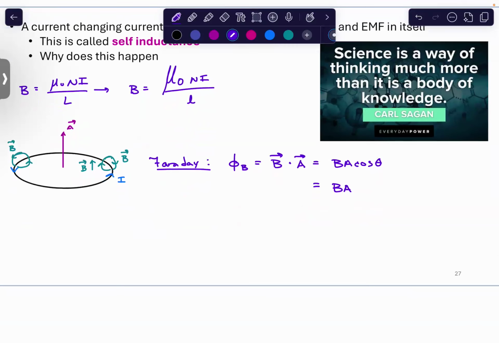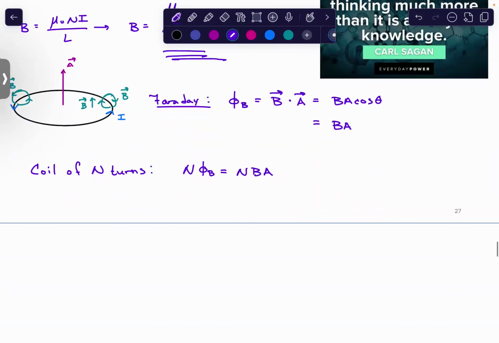Now, for a coil of N turns, we're going to get N times phi equals N times the magnetic field times the area. But we have that for magnetic field.